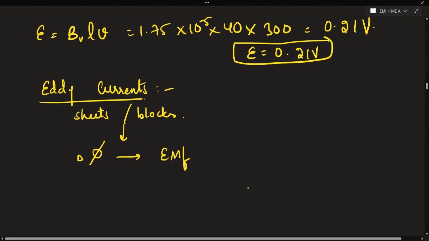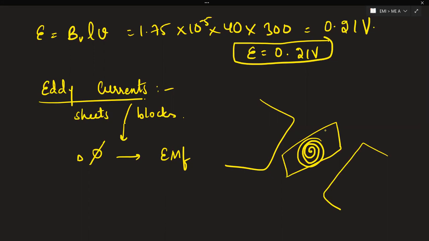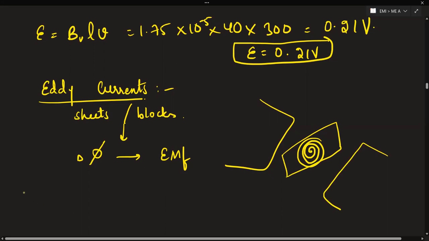They look like whirlpools. For example, if these are two magnets and this is a metal sheet, this is how the current flows. This is known as a whirlpool or eddies, so we call it eddy current or whirlpool current. They are also called Foucault currents.